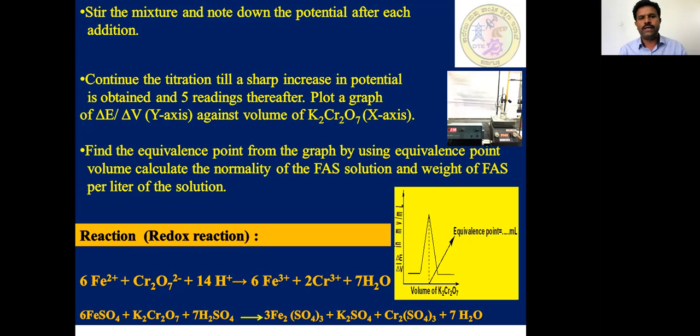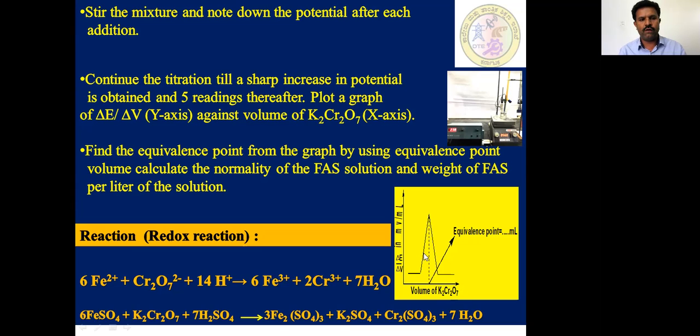And we should continue the titration till a sharp increase or drastic change in potential or cell potential is obtained. So after getting a sharp increase, we should continue for 5 more readings, and afterwards we should plot a graph of delta E divided by delta V, that is millivolt divided by ml, against volume of standard potassium dichromate solution on the x-axis.